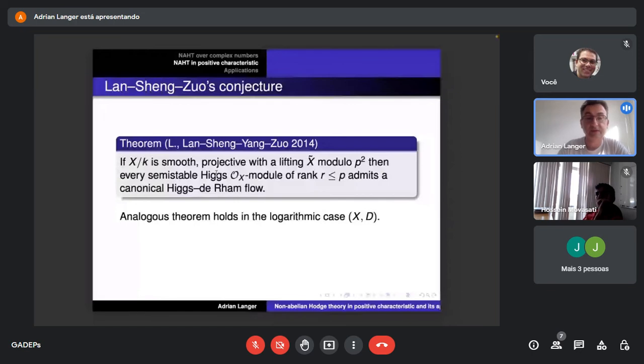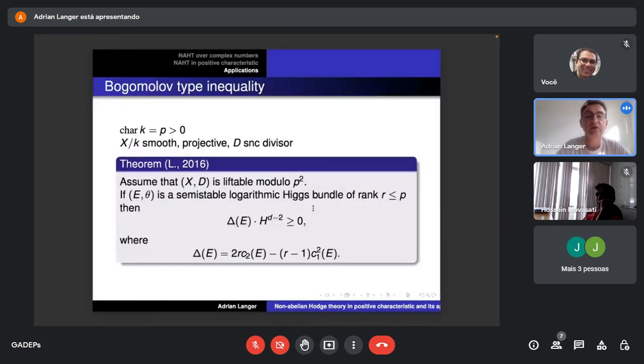So the first one is a Bogomolov type inequality. If we have a smooth projective variety with a simple normal crossing divisor in positive characteristic p, and you assume that this pair is liftable modulo p squared, and you have a semi-stable logarithmic Higgs bundle of rank not greater than the characteristic of your field, then the discriminant of your E is greater or equal than 0.